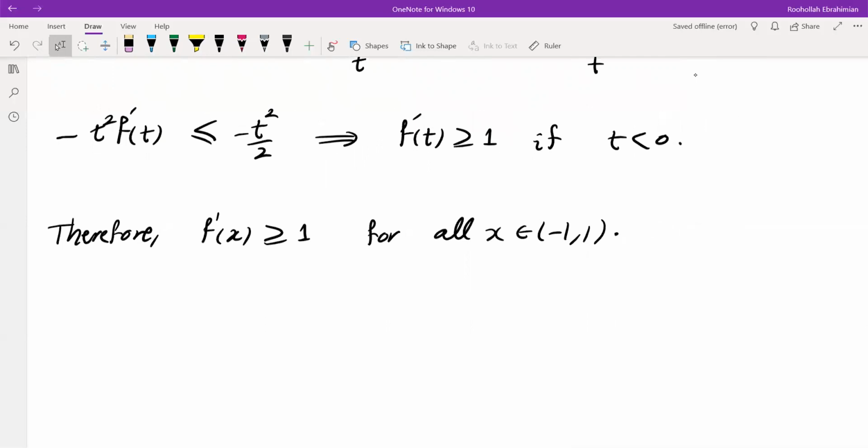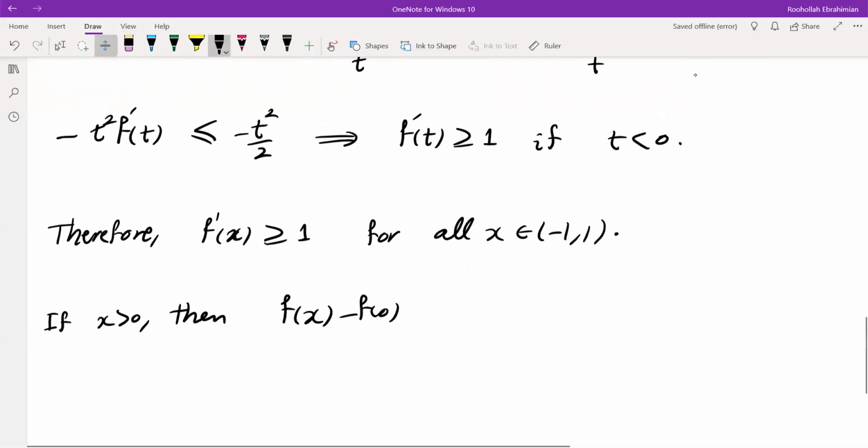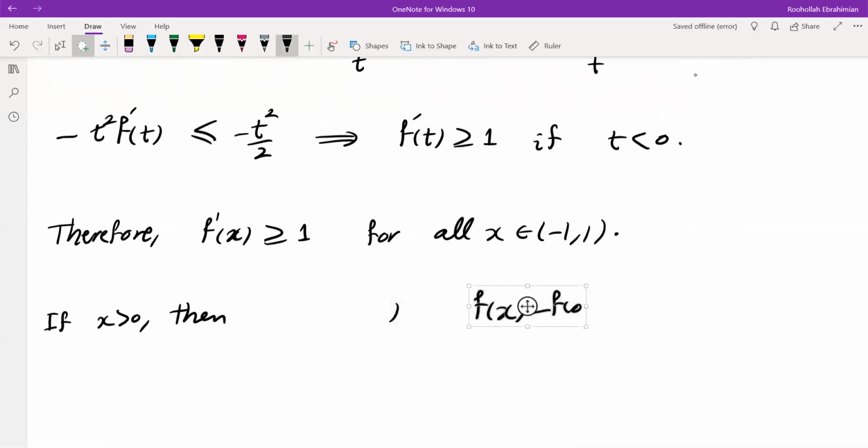So because of that, we can again go ahead and integrate to see what we get. So again, if x is positive, I'll be a bit more specific as to how we obtain that.